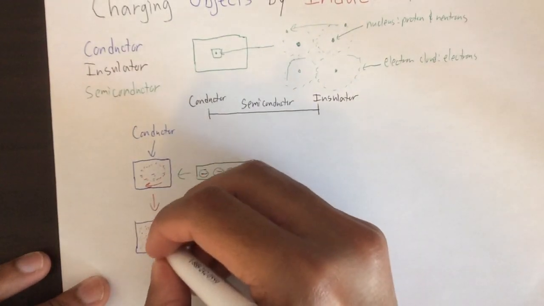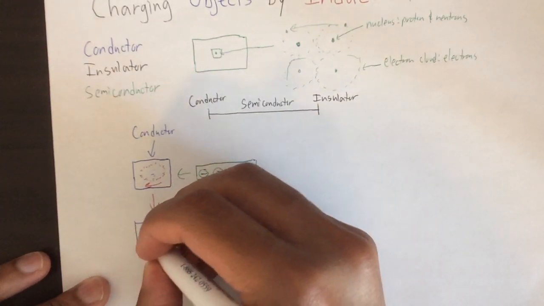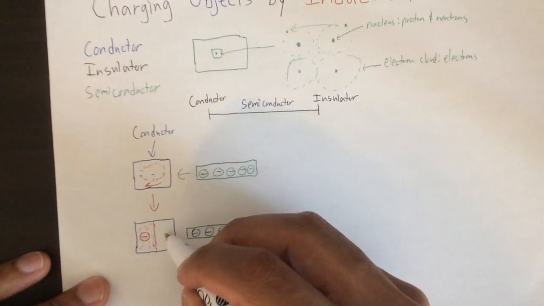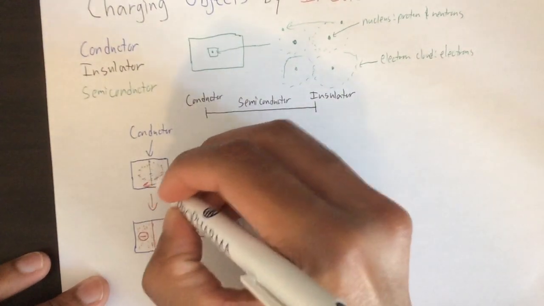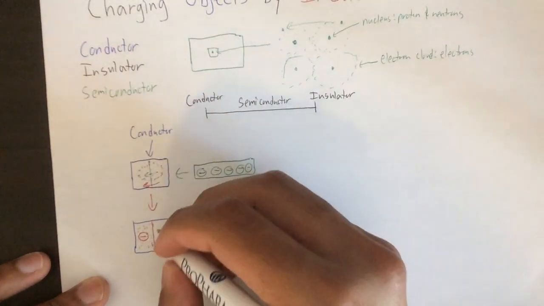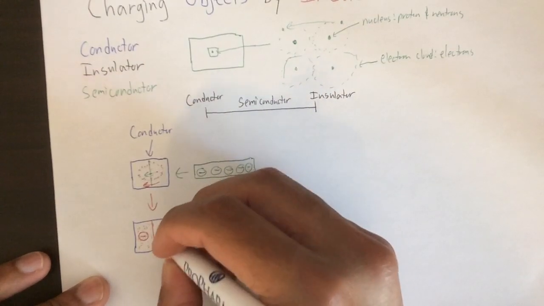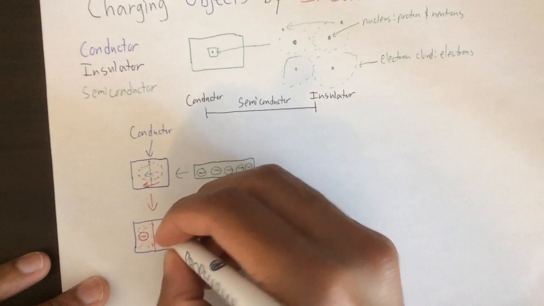So this side will have more negative charge, and because the electrons on this side moved over, there are more protons than electrons on the other side, so that side will have a net positive charge.